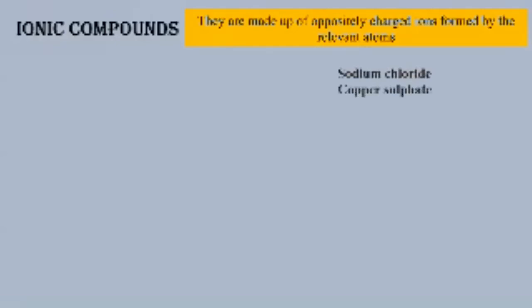Now, if you take sodium chloride, it is made up of the atoms sodium and chlorine. Sodium and chlorine can form ions by releasing electrons or accepting electrons. As you all know, atoms contain subatomic particles: protons, neutrons, and electrons. Protons and neutrons are found in the nucleus, while electrons are found around the nucleus.